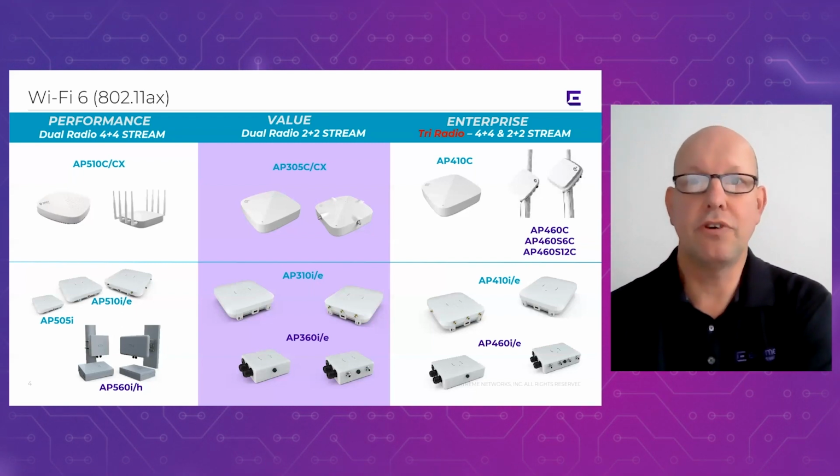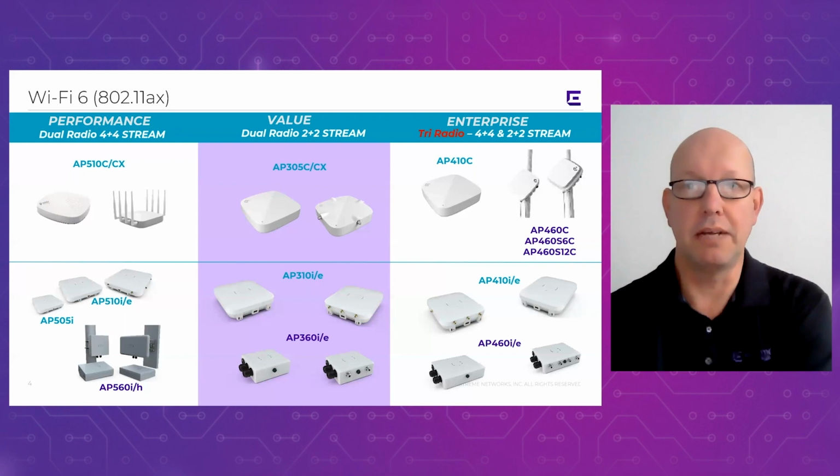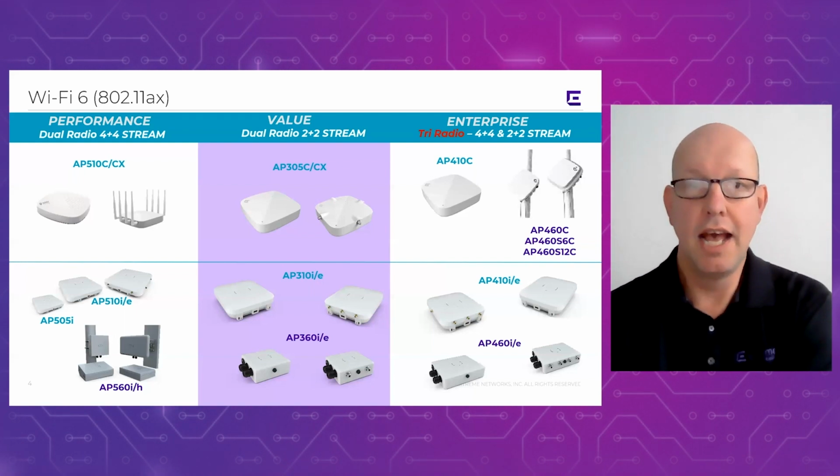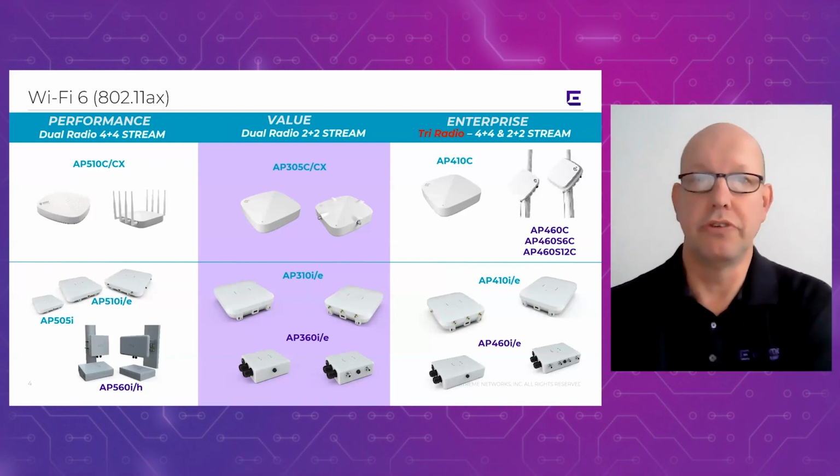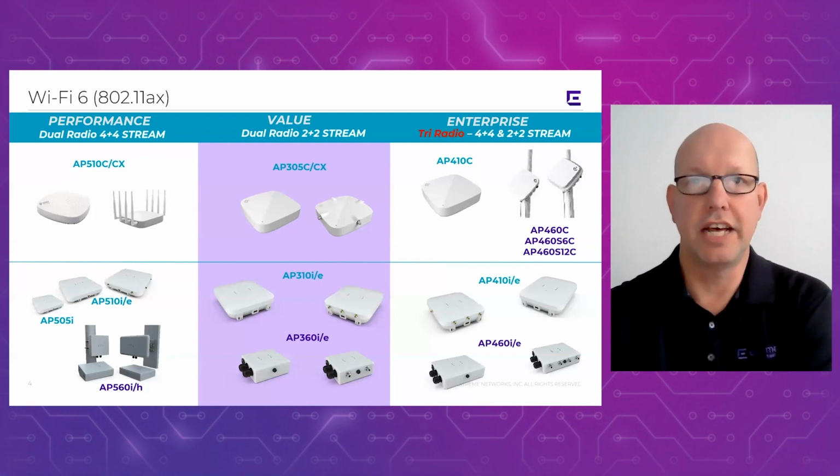Nice side note is that the 400 series also have 2x2 MIMO on the 2.4 GHz and 4x4 MIMO on the 5 GHz band. All access points have Bluetooth low energy capability as well as dual 5 gig support.